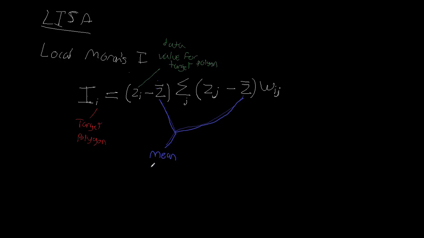This is the mean of the data value. This could be the mean of the crime rate for all of the polygons in the data set. This could be the mean of the 1990 population for all of the polygons in the data set. It would be the mean of the percent renters for all of the polygons in the data set. Hopefully that makes sense.